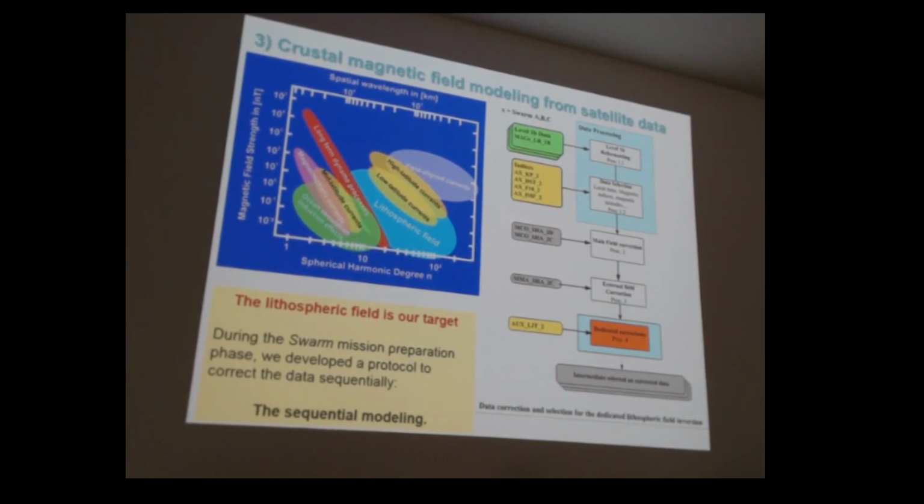We split between mid-latitudes and polar latitudes. Do you have any idea? It's because when you do the inverse problem, you try to get the parameters.